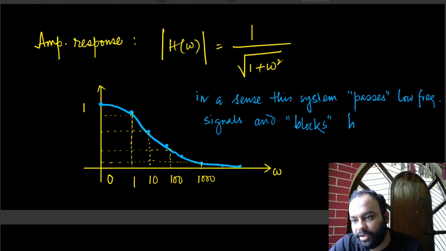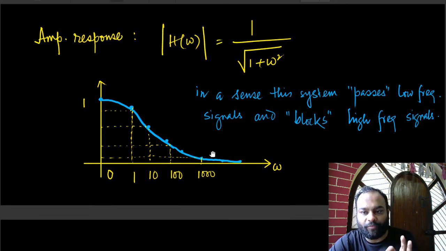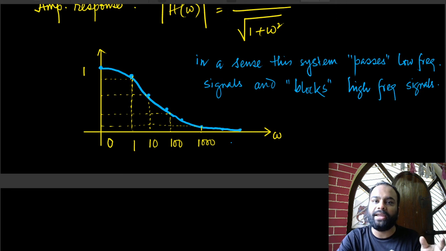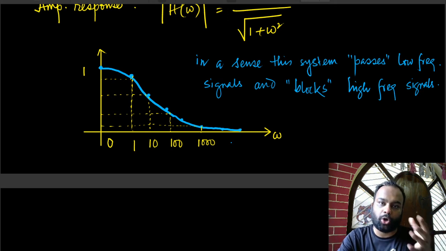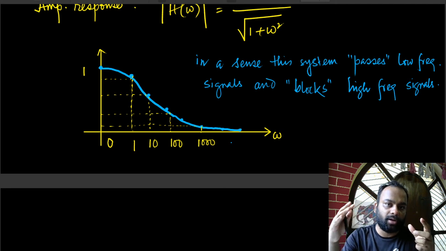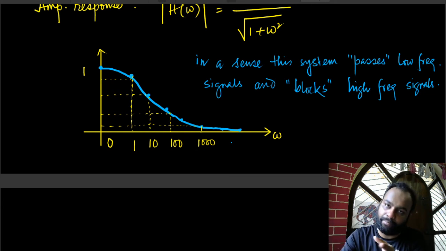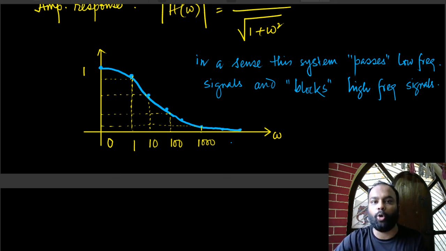Blocks high frequency signals. So this is a system that passes low frequency signals, and by passes I mean lets low frequency signals go without any large modification in the amplitude. But if you send in a high frequency signal, it blocks it, and by blocks I mean it lets the signal pass but with a great reduction in amplitude. This is called a low pass filter.